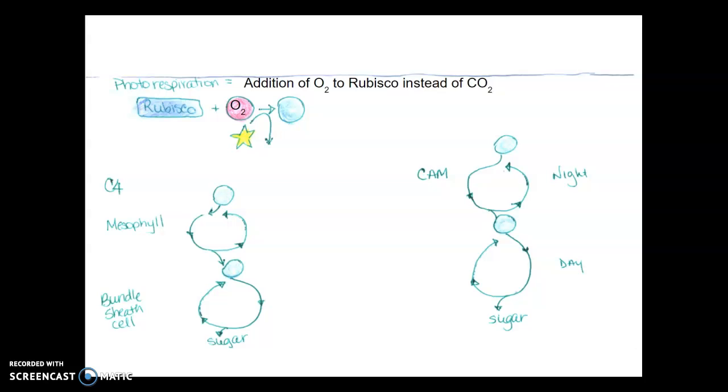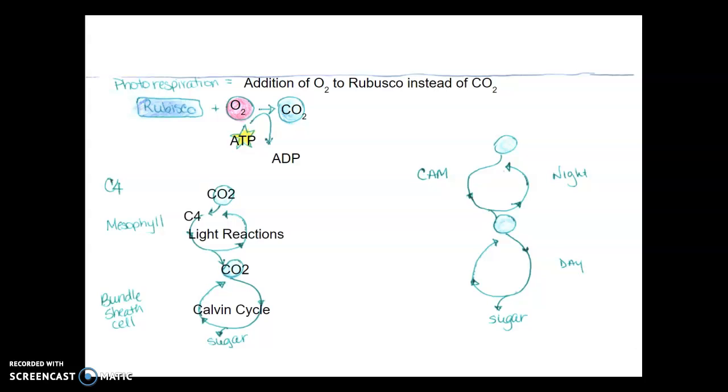And rubisco typically is going to use that carbon dioxide and fix it into a 3-carbon molecule, but in photorespiration instead it uses oxygen to create carbon dioxide, and it wastes some ATP in the process. And so again, this is a detrimental process to the environment and to humans, to anybody who breathes the air, so all kinds of animals in there.